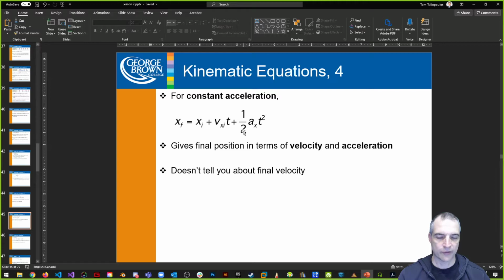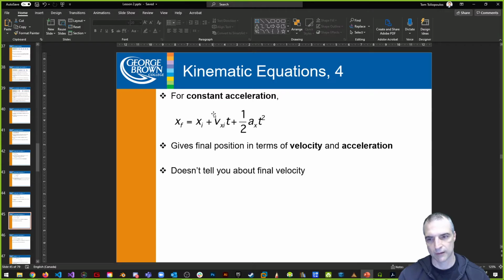Why? Because if I plug in values, let's suppose we plug in some numbers off the top of our head. If the initial position is 0, so I'm at the origin, and my initial velocity is 10 meters per second, and my initial time is 0, but I'm going to travel for 2 seconds.